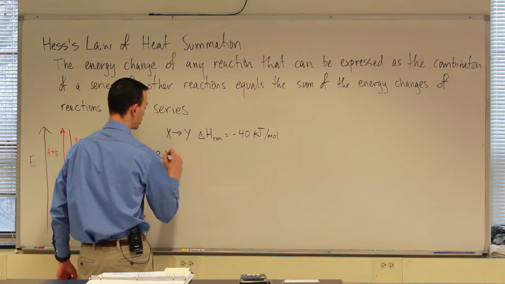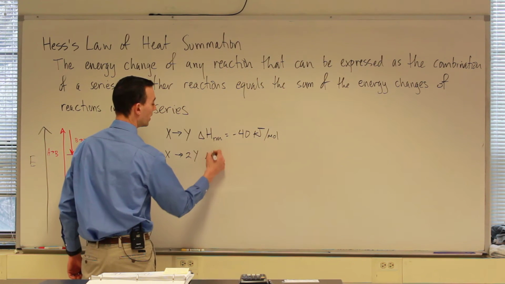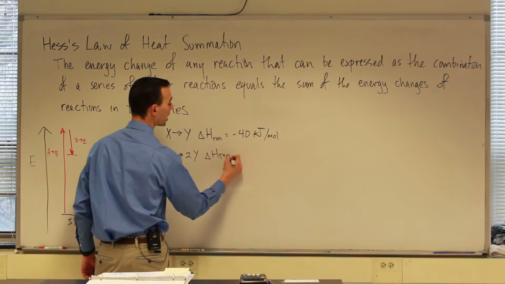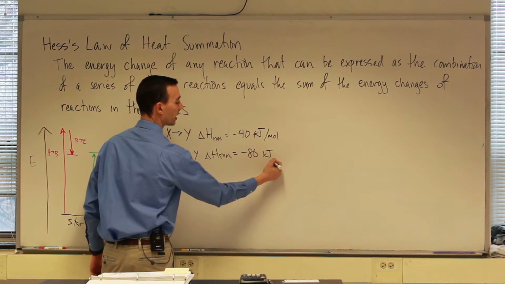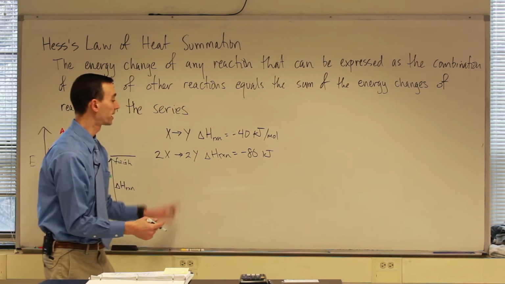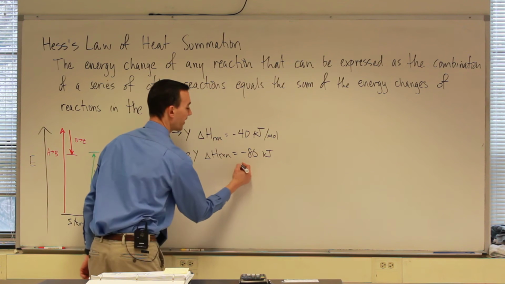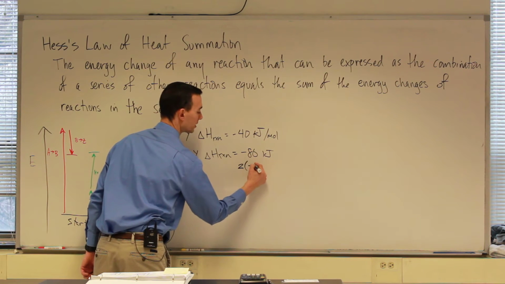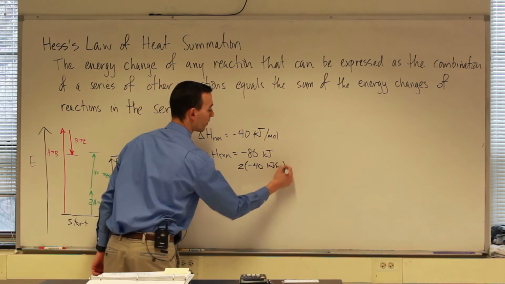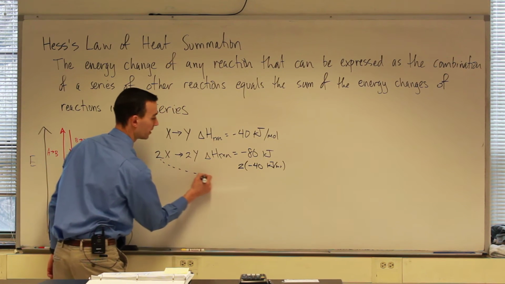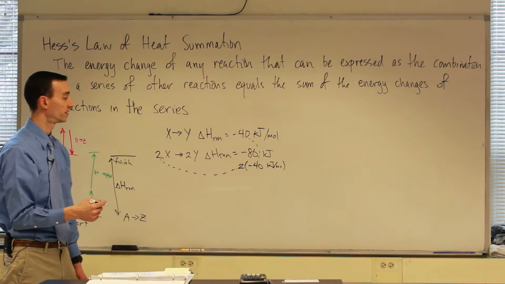So if we use 2 moles of X and produced 2 moles of Y, the enthalpy would be double. The energy change would be negative 80 kilojoules. I'm not going to put the per mole part now because I'm now talking about the total energy. But this negative 80 is really 2 times the original negative 40 kilojoules per mole. It's the coefficient times the original enthalpy change.